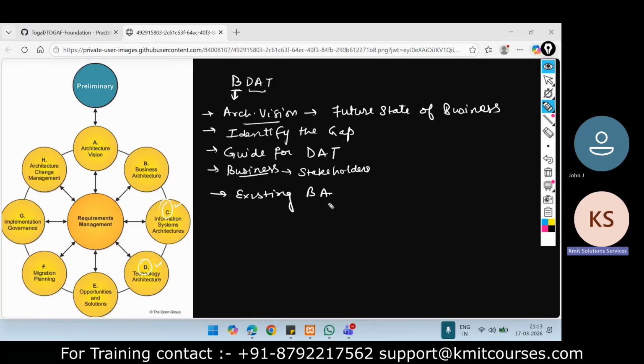In the baseline architecture, you need to first identify the existing models. You need to verify that one, validate that one. This is your action as a business architect, right? And you need to focus on bridging the gap between whatever the stakeholder concerns are.